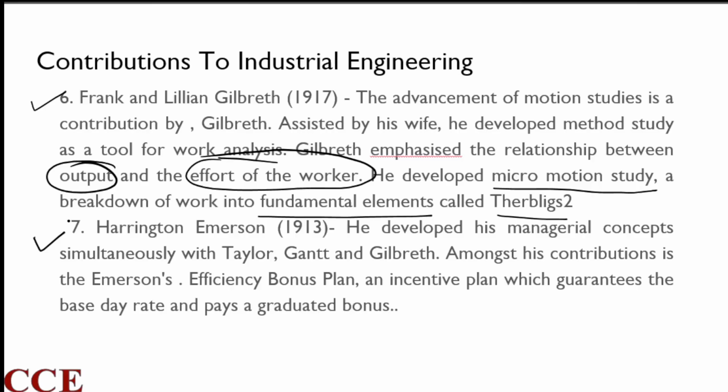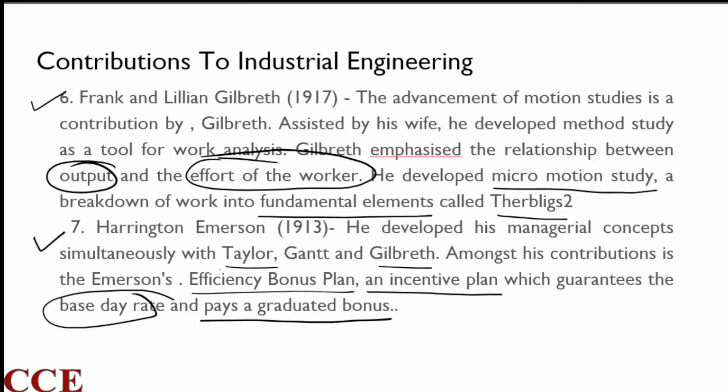Then next is Harrington Emerson, 1930. He developed his managerial concept simultaneously with Taylor, Gantt, and Gilbreth. Among his contributions is Emerson's efficiency bonus plan, an incentive plan which guarantees the base day rate and pays a graduated bonus.